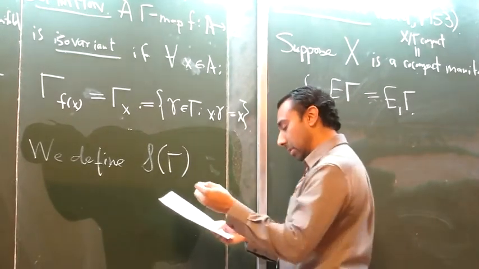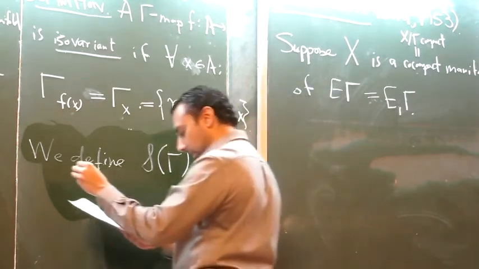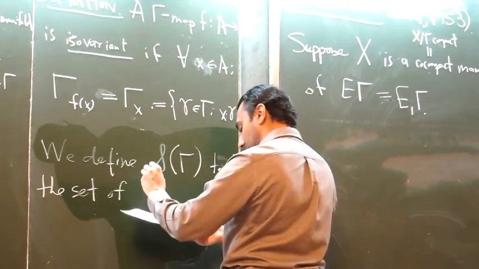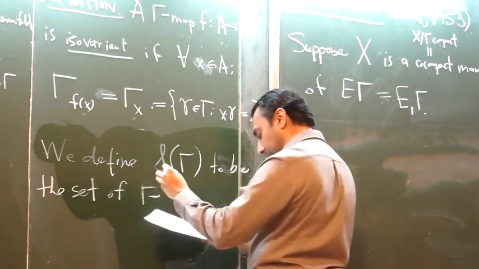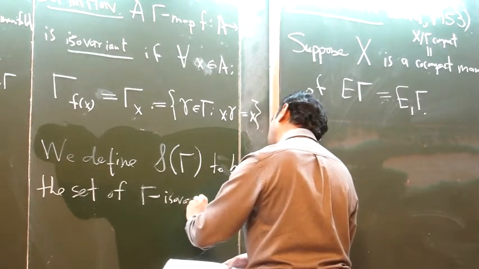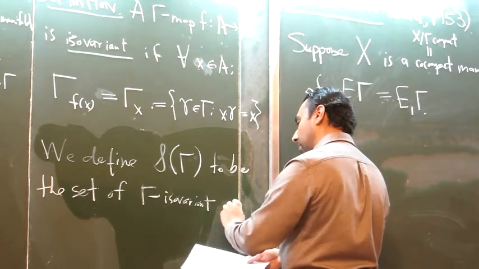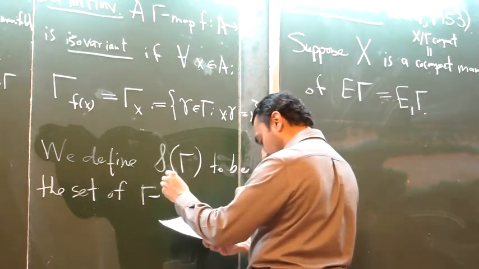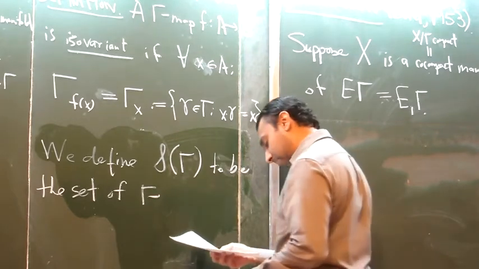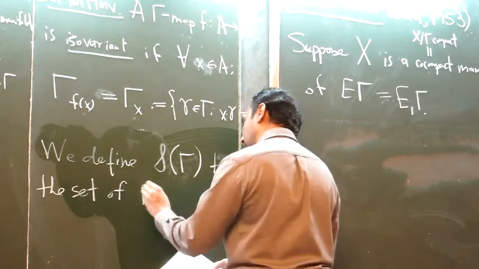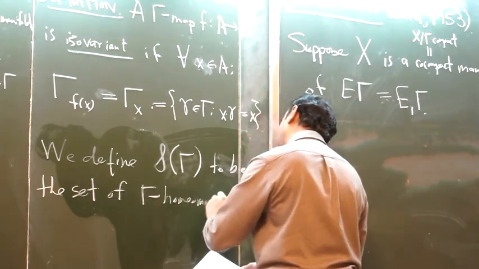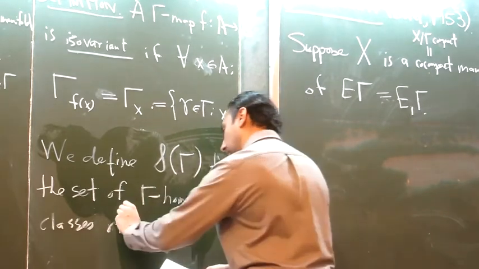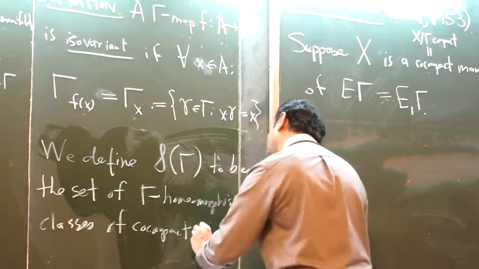It's something you can try to compute to be the set of gamma isovariant gamma homeomorphism classes of co-compact manifold models.